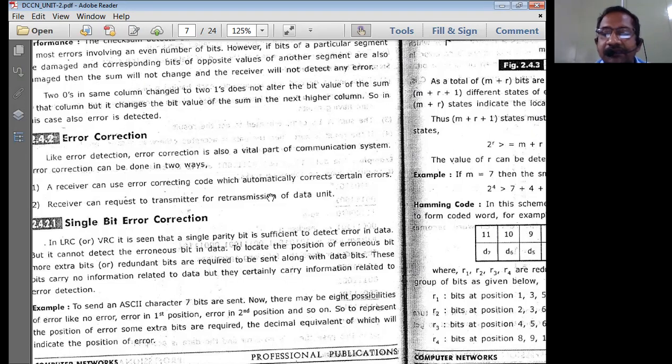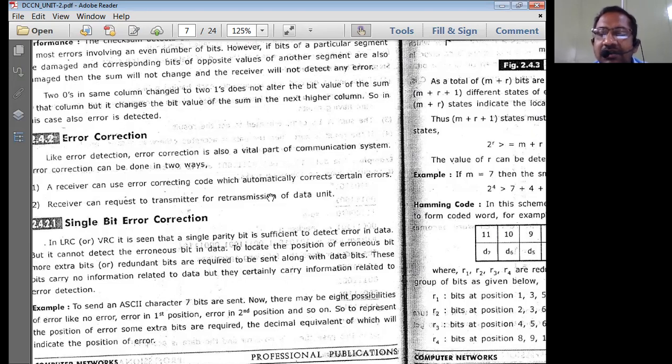checksum. At the transmitter side, we have to generate the code using some redundancy technique for CRC as well as checksum, and we transmit this redundant code along with the data. Then the receiver receives the same bits and once again recalculates its CRC code.